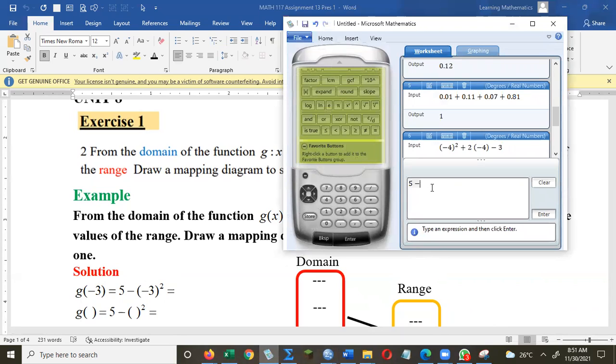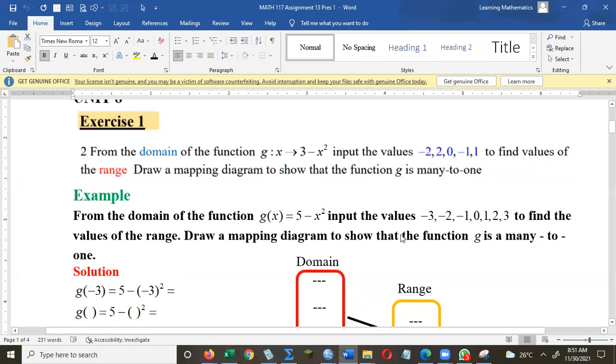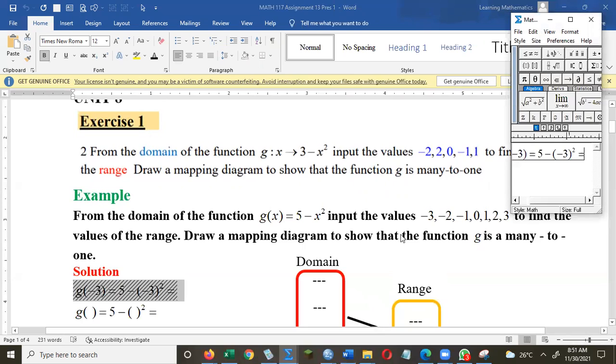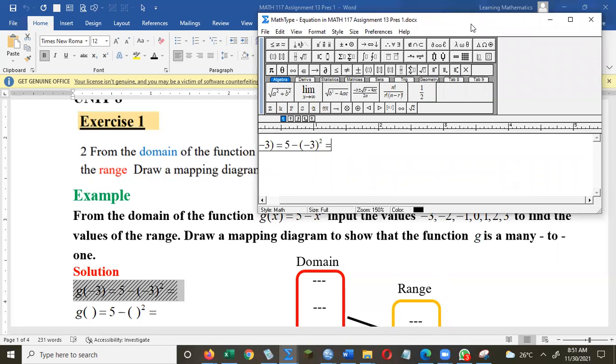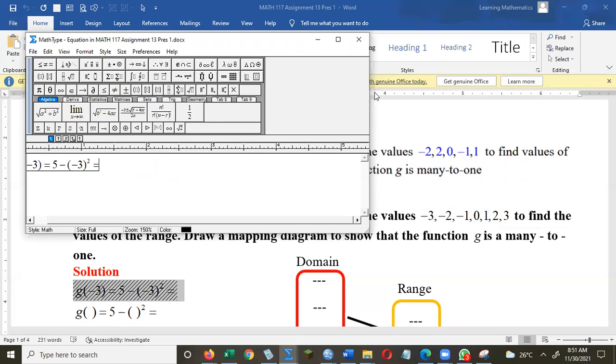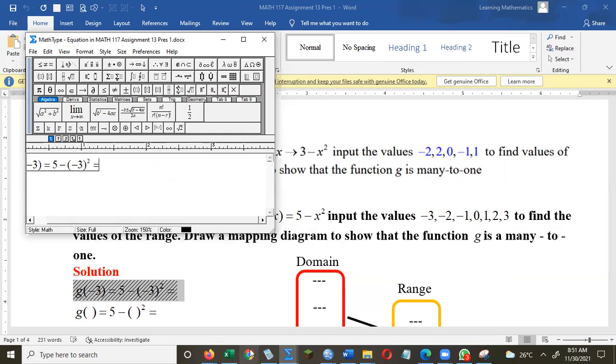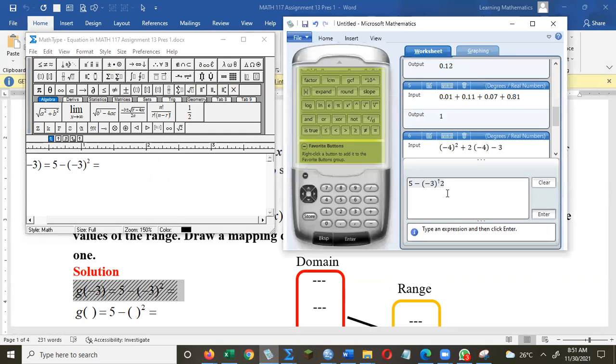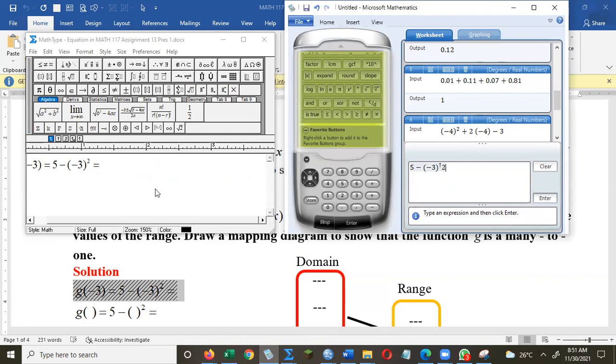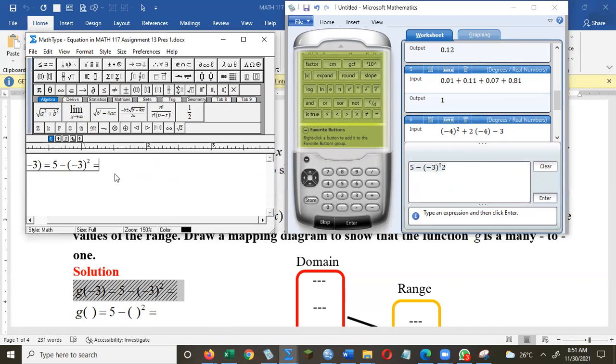Can you help us to see what is the first range value we're going to get? Just to see that everyone is following, what number comes after that equal sign? I entered it in my calculator, and if I just press enter, I'll get the answer.